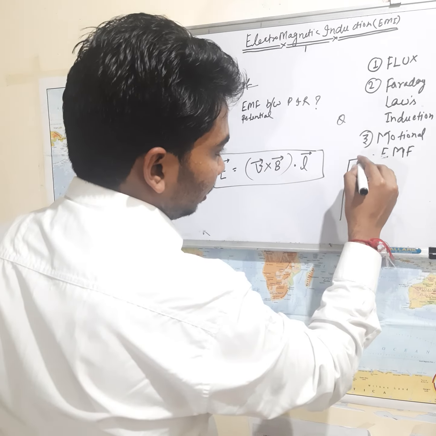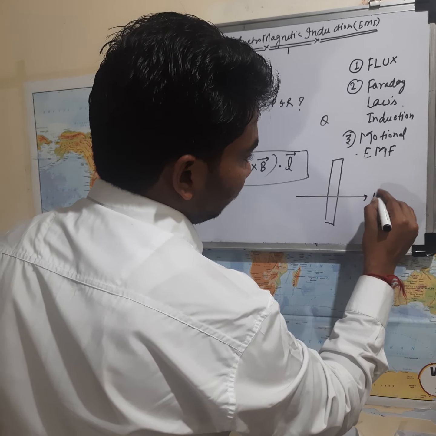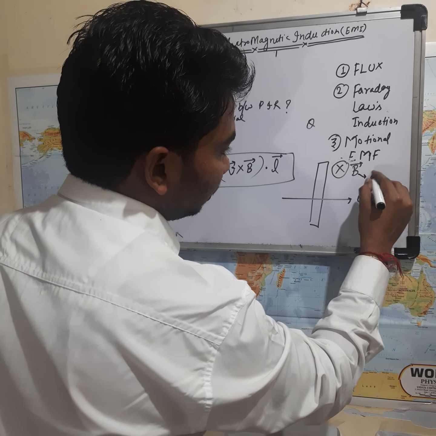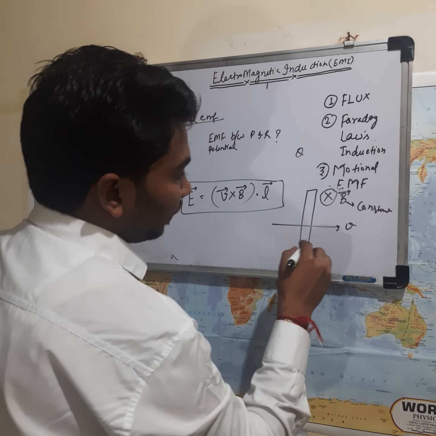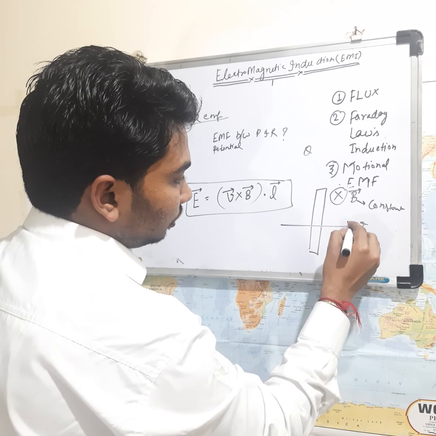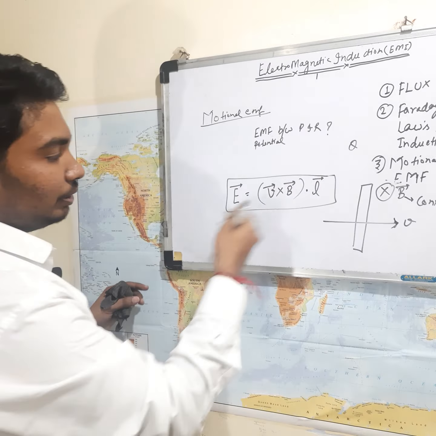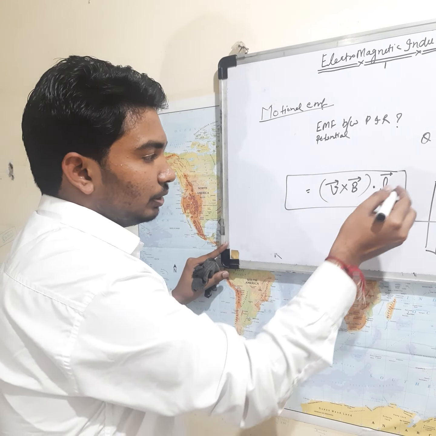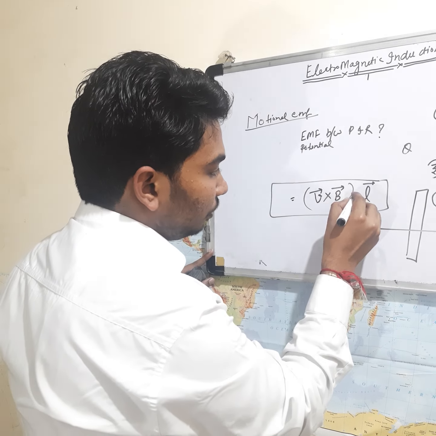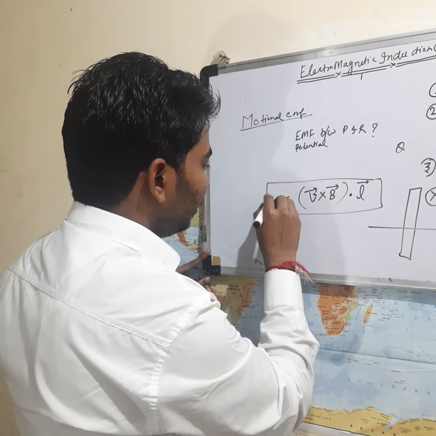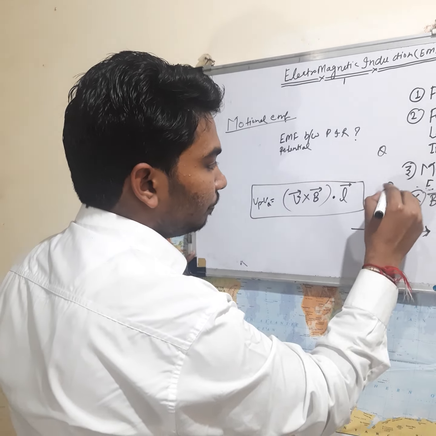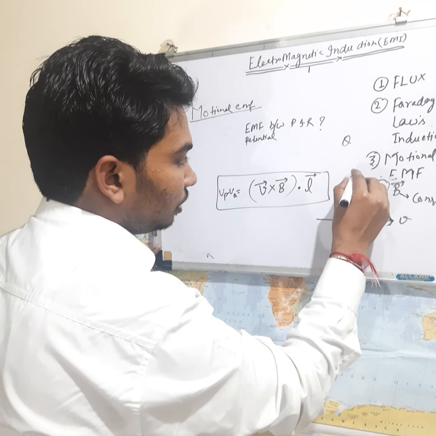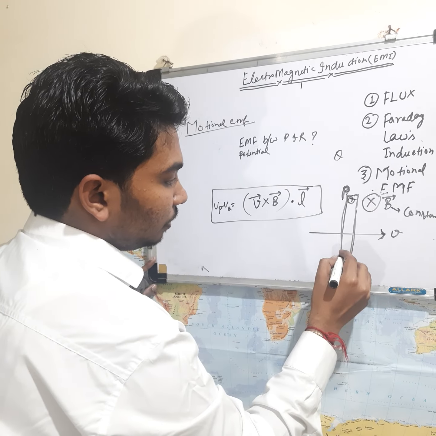So if there is a rod moving with velocity V, and there is a constant magnetic field, we can use this formula to calculate the potential difference Vp minus Vq, where this is P and this is Q. Basically, this end is positive and this end is negative.